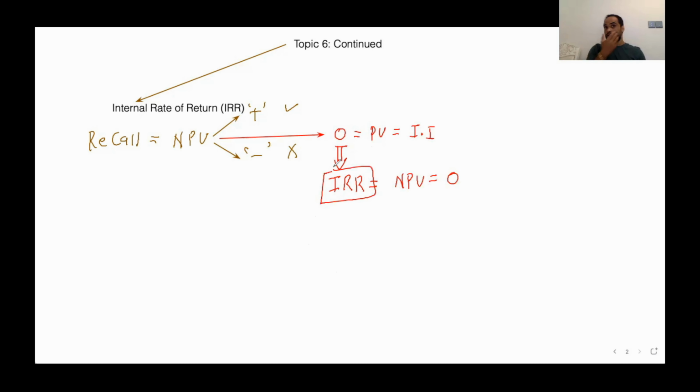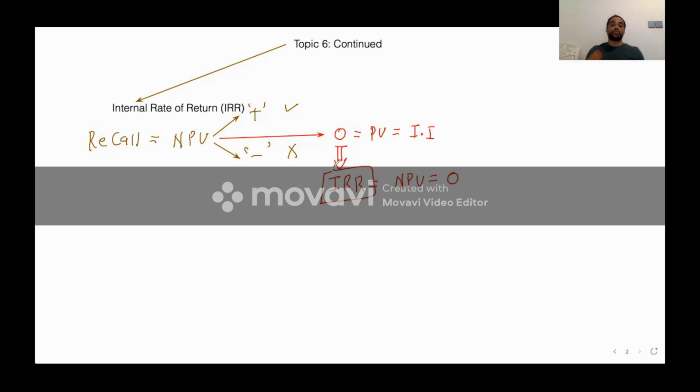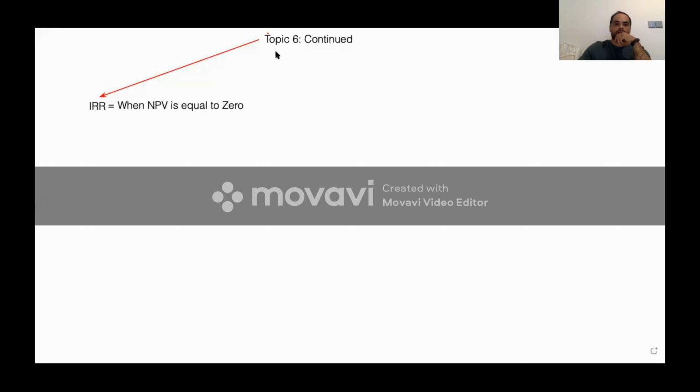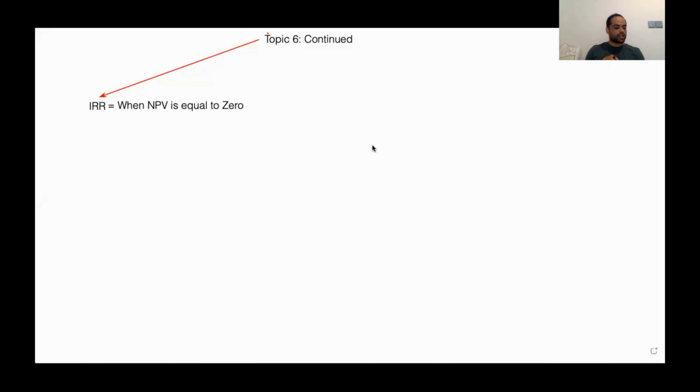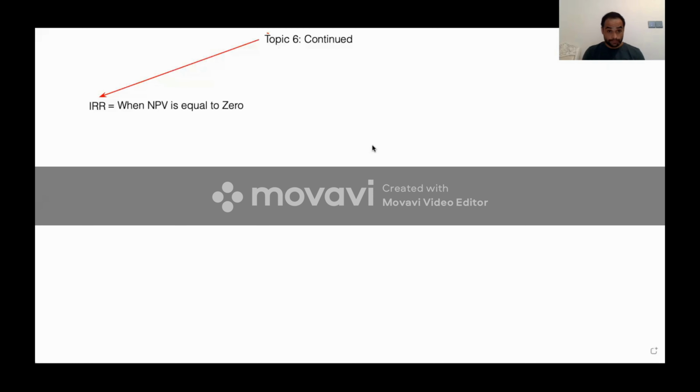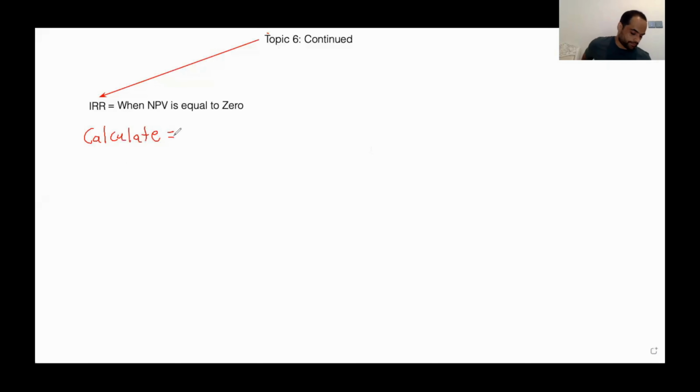So when your present value is equal to initial investment, we apply this internal rate of return method to find out. So when your NPV is equal to 0, then we apply this IRR. All right. So now how do we calculate this IRR?